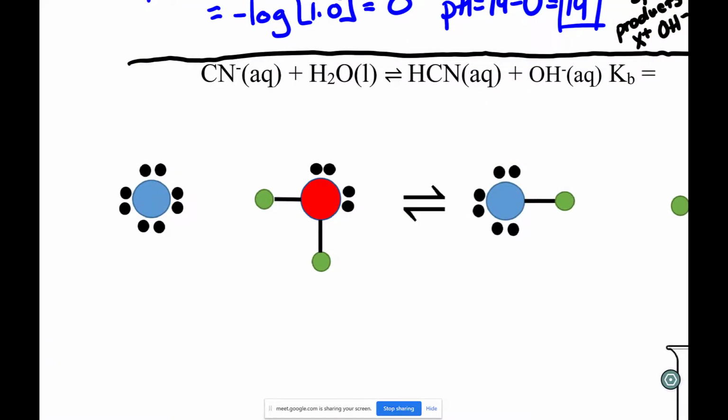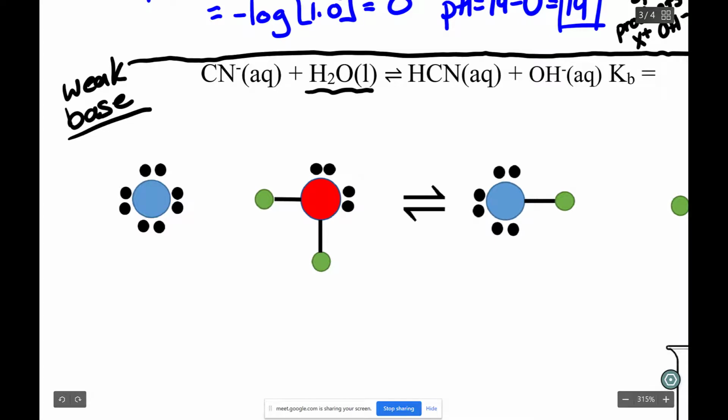For weak bases, the concept of a proton acceptor makes a lot of sense. Weak bases must react with water in order to form hydroxide. And the basic structure of these reactions look very, very similar, but just almost inverted to a weak acid.